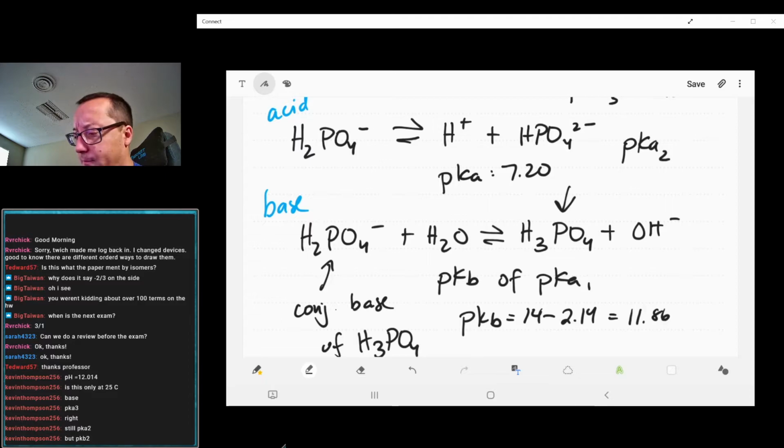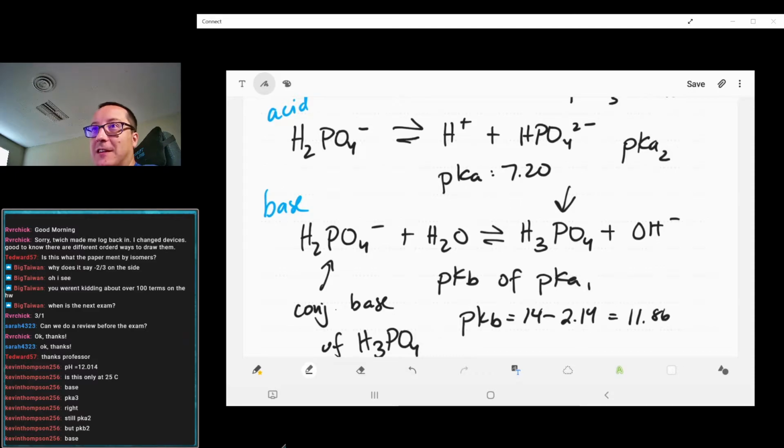That seems reasonable. So if we're comparing these two then, what do we think is going to be the winner here? Is this substance more likely to act as an acid or a base? Hopefully we should see that this is more likely to act as an acid.